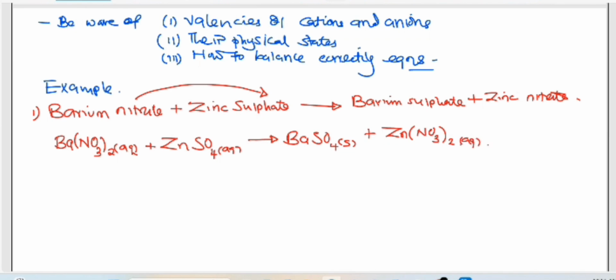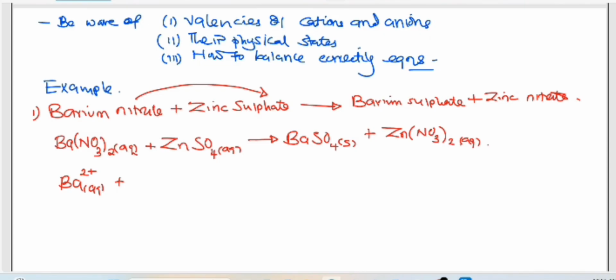Now the next thing, we need to break them into their respective ions. So how do you write the barium ion? It is Ba2+ in aqueous state, plus the nitrate.